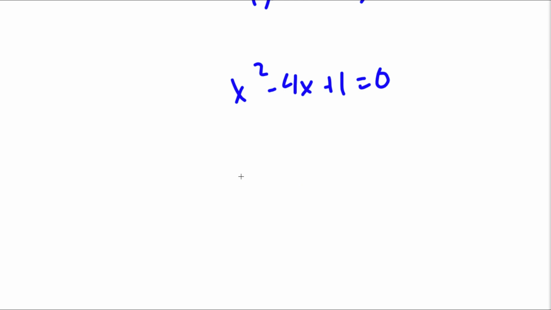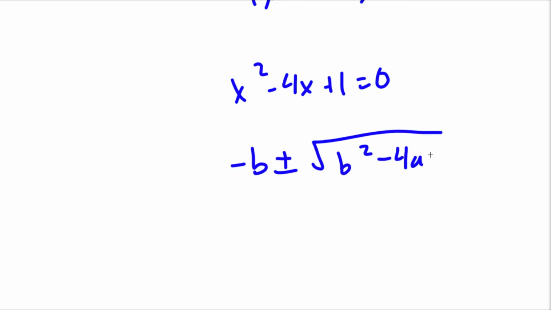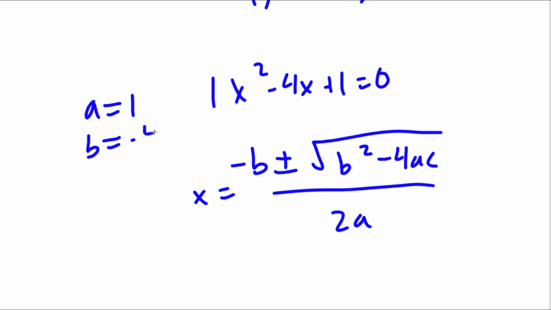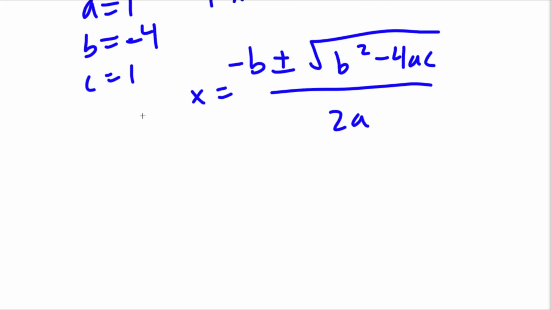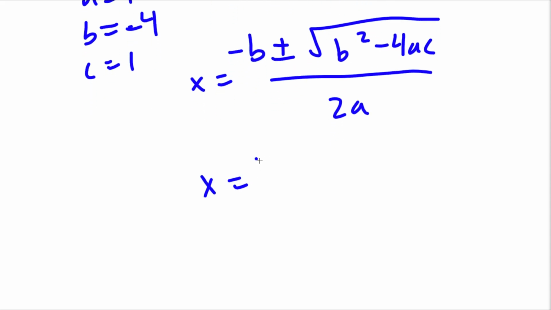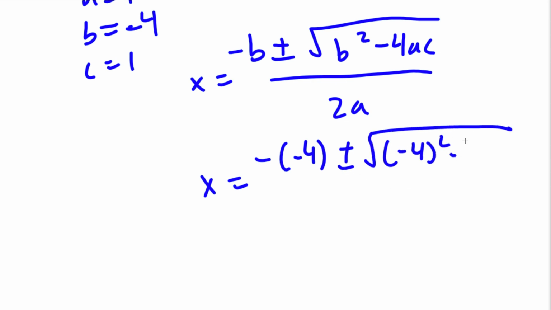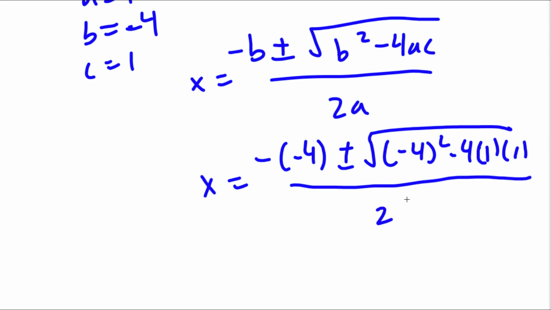Now I'm going to use the quadratic formula to solve this, which is negative b plus or minus the square root of b^2 minus 4ac, over 2a. In this case, a is 1, b is negative 4, and c is 1. So now I have negative negative 4 plus or minus the square root of negative 4 squared minus 4 times a, which is 1, times c, which is 1, over 2 times a.